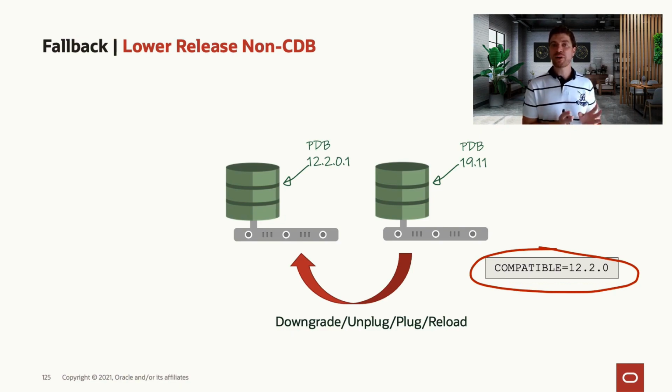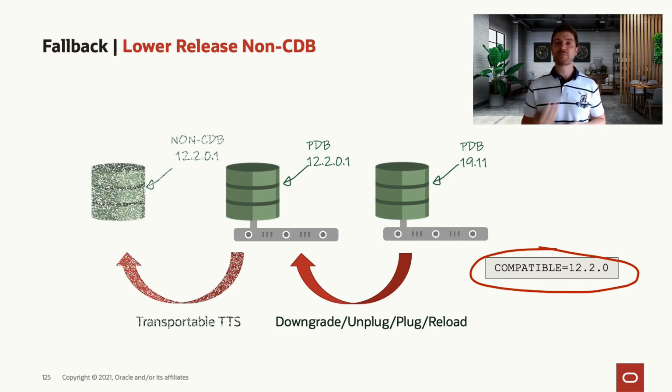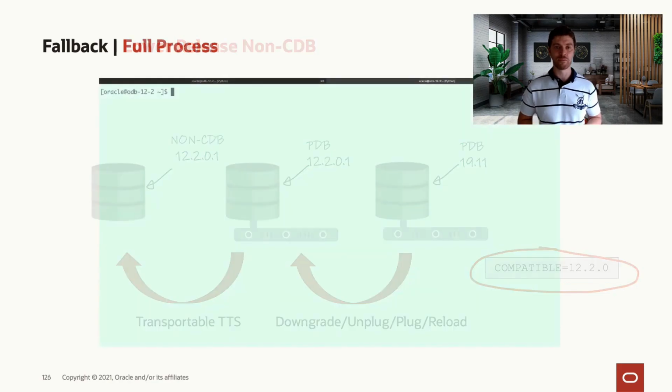But now that we are already in the 12.2.0.1 database, what we can do next is use transportable tablespaces to move from this version to the same version in the non-CDB architecture. And this is supported by transportable tablespaces. So splitting the process in these two phases, we can achieve what we want. Now let's take a look at the full process in this next video.